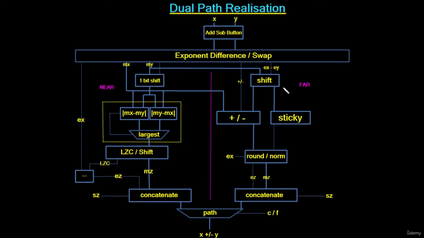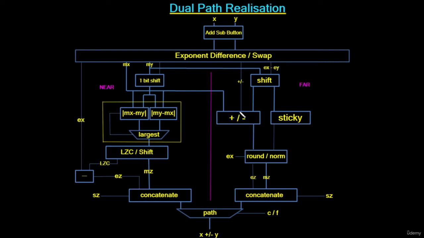Now on the right hand side here, we're going to have all of the other options. So in all of the other options, we take a copy of the mantissa for x, because we're assuming that the mantissa for x is the largest value, because it will have been swapped here in order to ensure that that is the case.